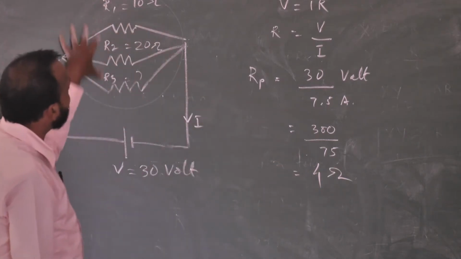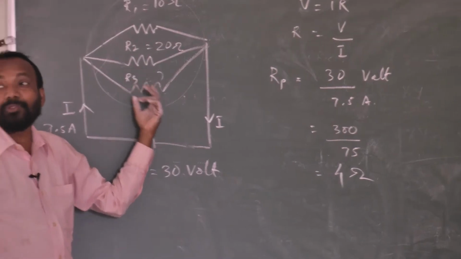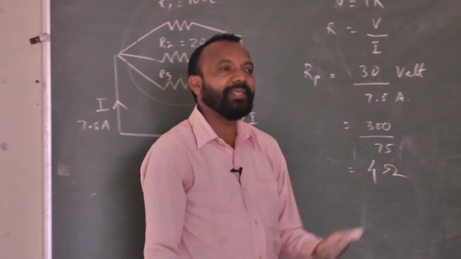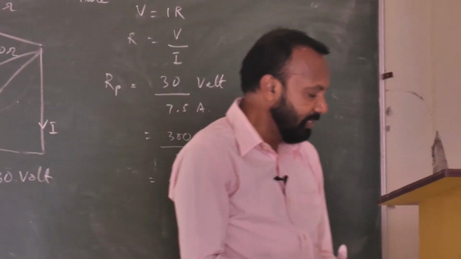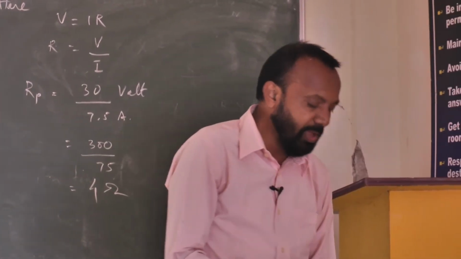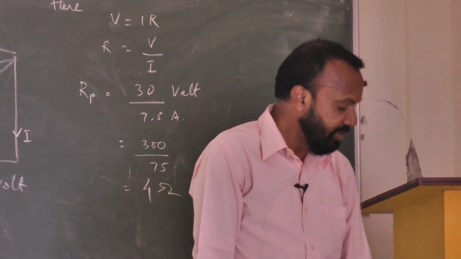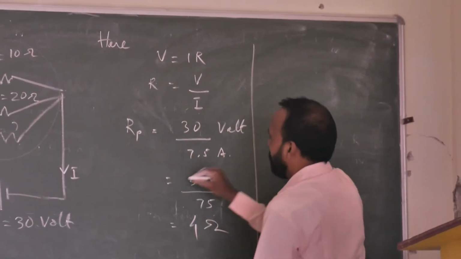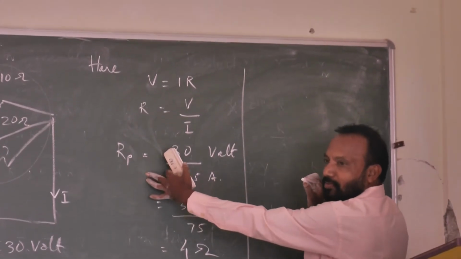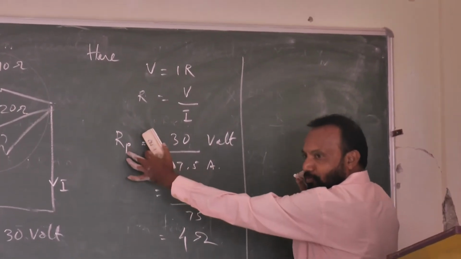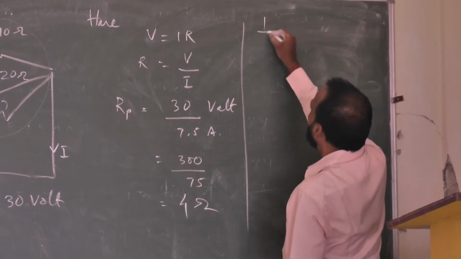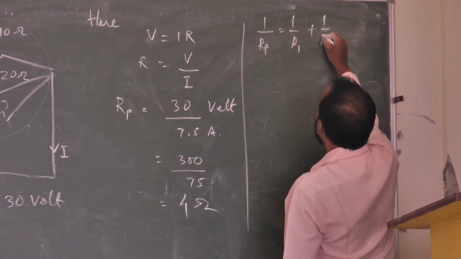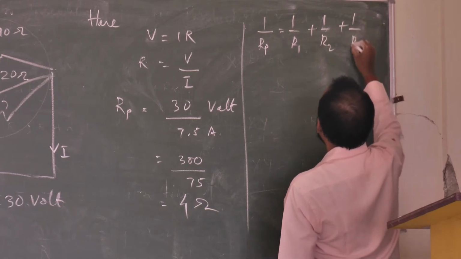After getting this effective resistance, I can use 1 by R is equal to 1 by R1 plus 1 by R2 plus 1 by R3.